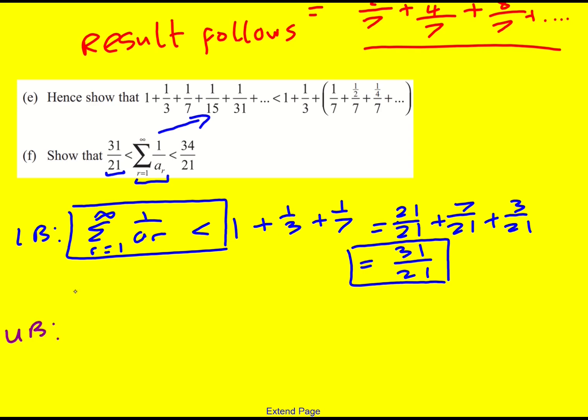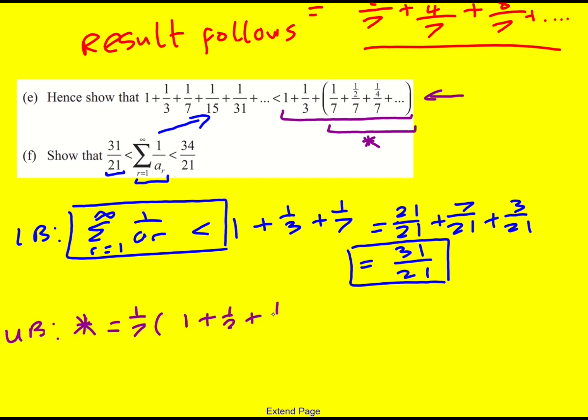The upper bound, well, we have it from part E that the summation is going to be less than this. So if I focus just on this part, there's actually a geometric series. So I can take out, let me call this bit star. Then star will equal 1 over 7. I'm going to factorize that out. Then 1 plus a half plus a quarter, and so on. So if I just consider this bit, then I've got a equal to 1 and r is equal to a half.